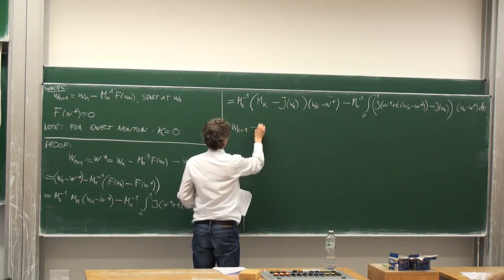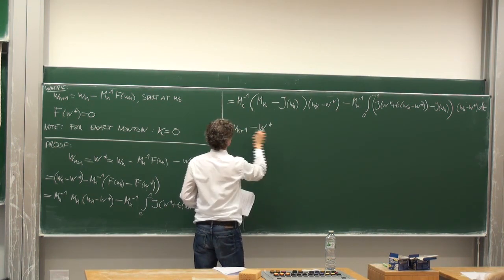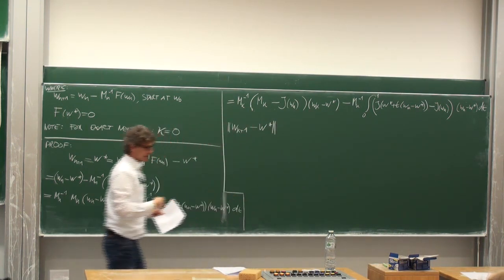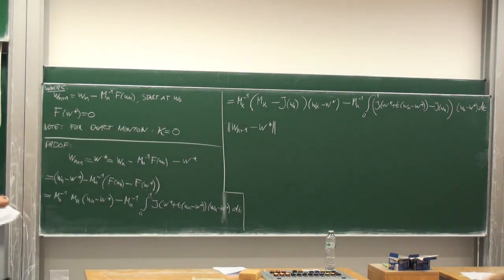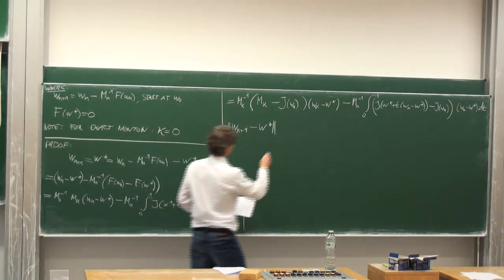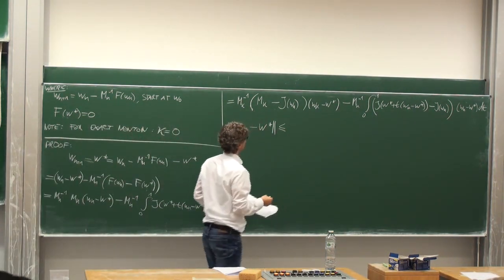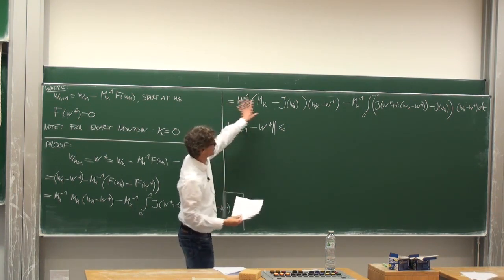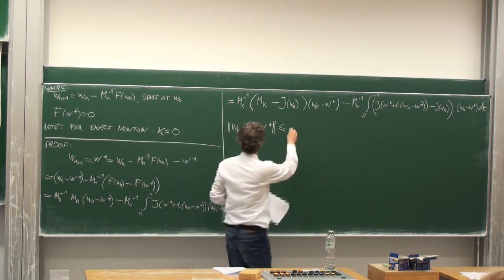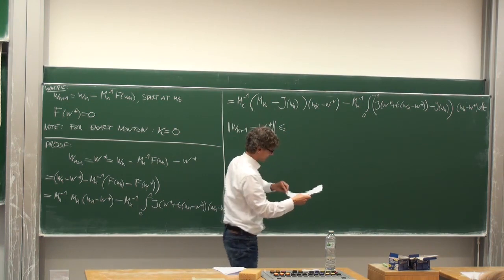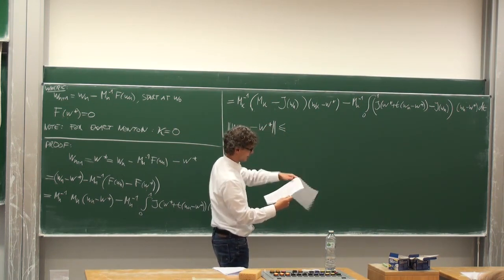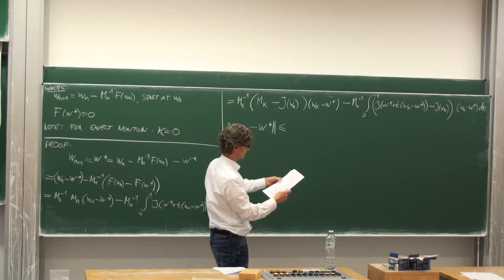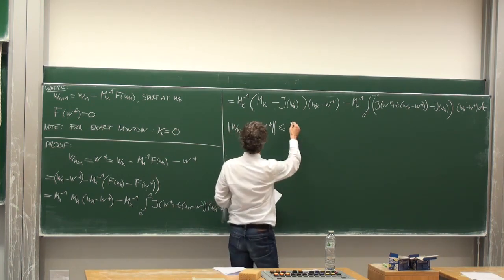So now I take the norms on both sides, and by taking the norm I can now use my inequalities. Maybe I should first say I want to split it into these two parts. This is a bit too fast, so maybe I do one step in between.